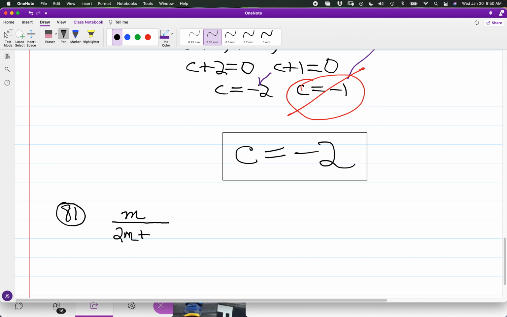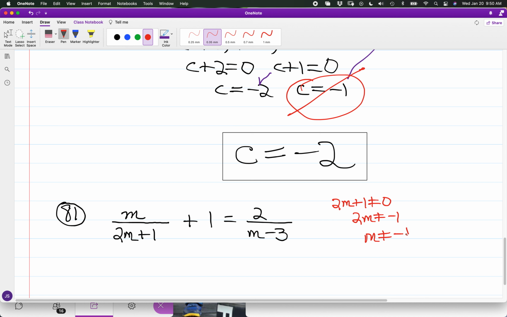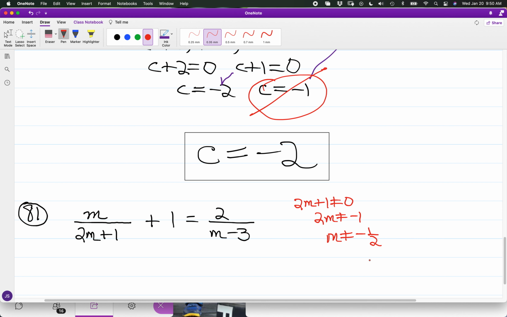Taking what we have here, for the restricted values in m, 2m plus 1 cannot be equal to 0, so 2m cannot be equal to -1, and m cannot be equal to -1/2.